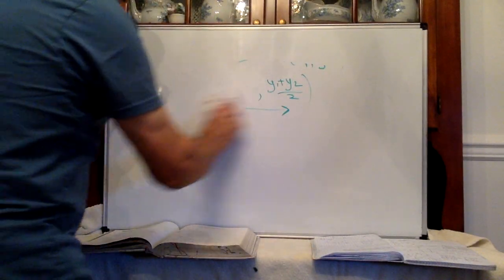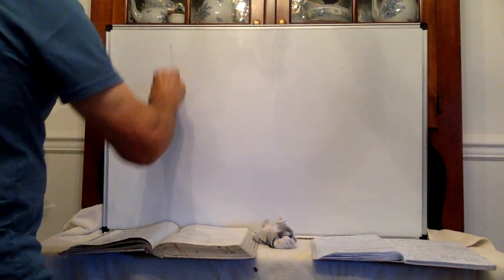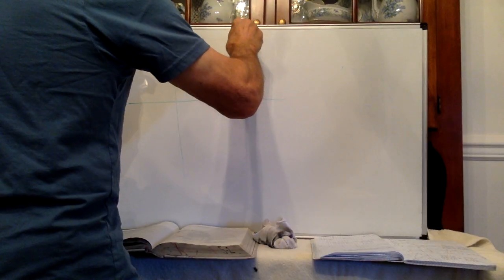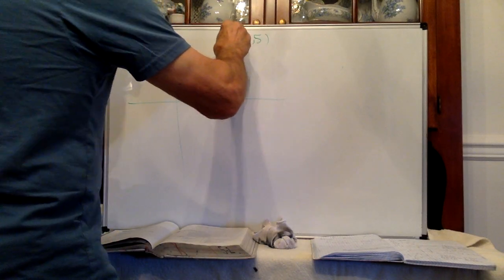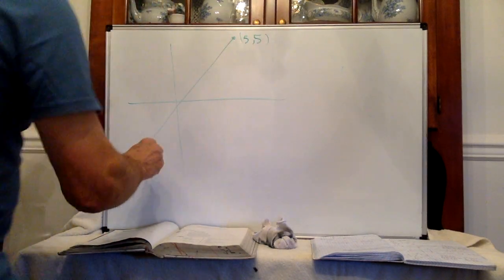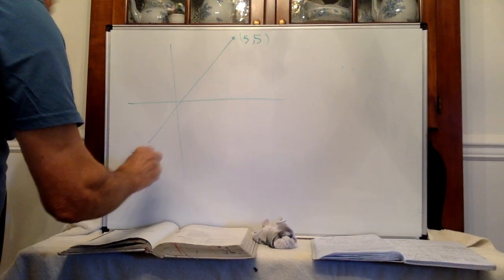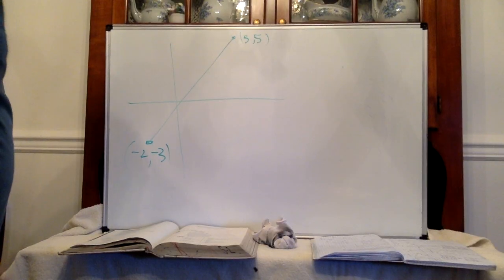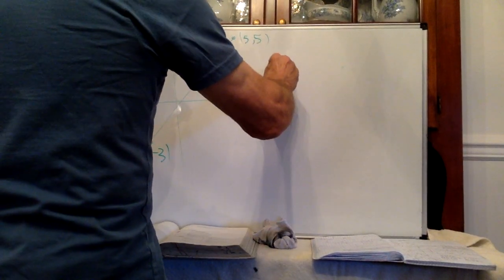So if I gave you the following 2 points, the point 5, 5, and the point negative 2, negative 3. What's the midpoint?